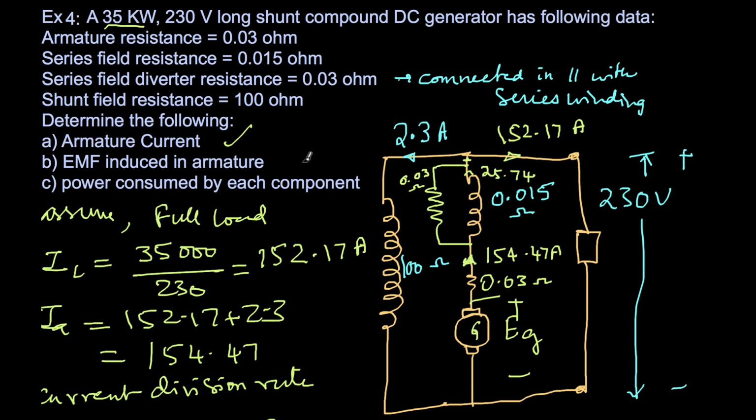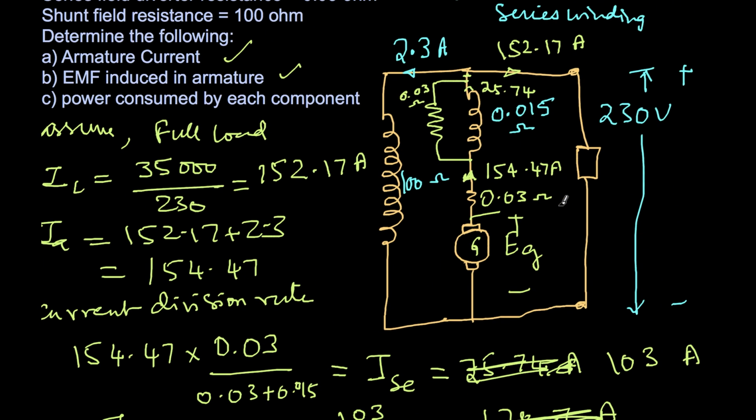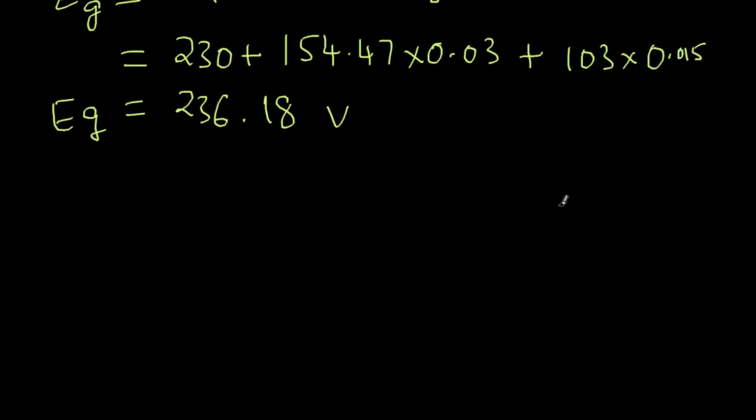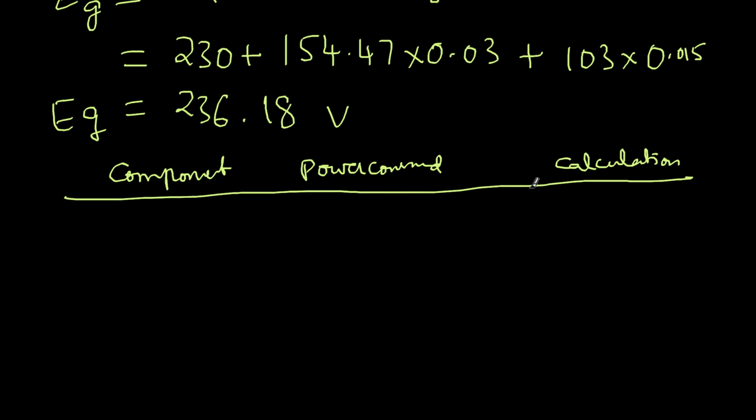Alright, now the power consumed by each component. This is again interesting to make you understand the concept better. So what we have to do now is the component-wise power consumed calculation. First let's look at the load. Load we already know, that is nothing but voltage of load into current of load, that is 35 kilowatts.